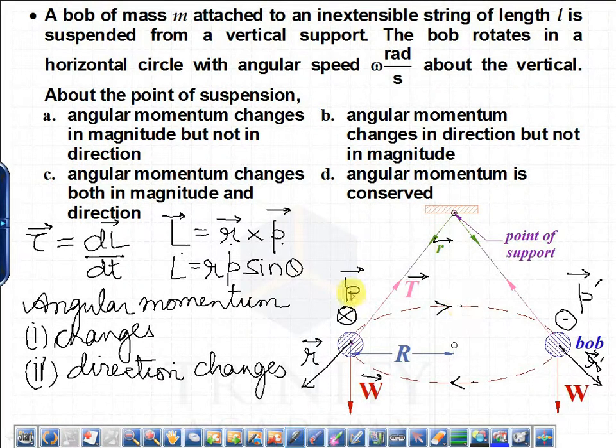The value of momentum is going to remain constant because the angular speed is going to remain constant. So linear speed is also going to remain constant. The radius of the circular path is going to remain constant. So value wise P is going to remain the same, R is going to remain the same, and mass is also going to remain the same. So we can say that in the third comment, magnitude does not change.